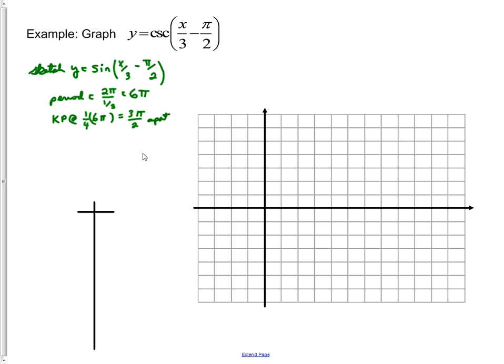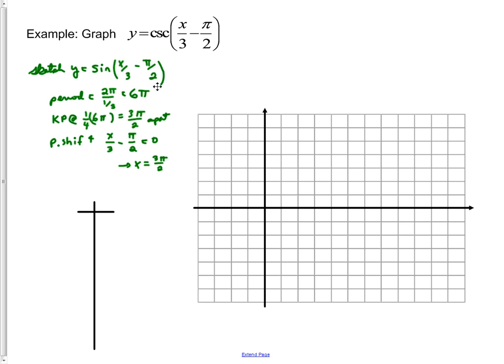But there's also a phase shift right here, and our phase shift is found by setting x over 3 minus pi over 2 equal to 0, and then solving for x. Doing that here gives us x equals 3 pi over 2.